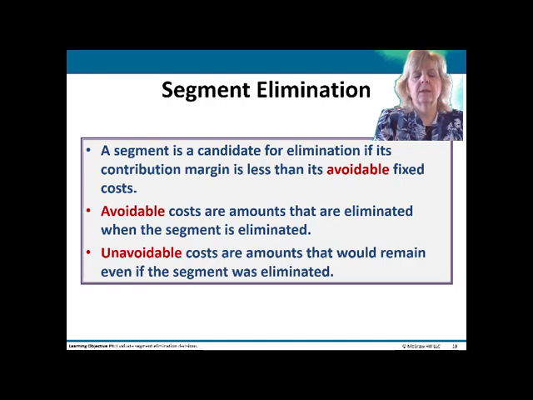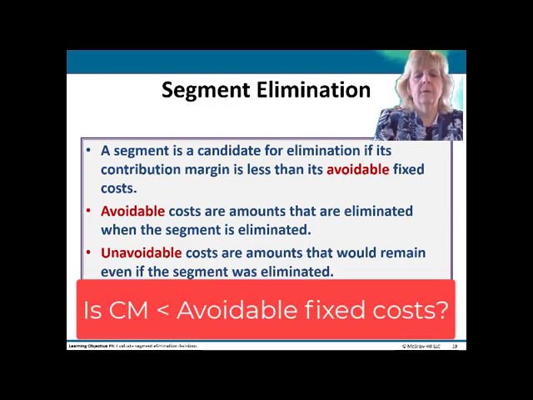So we need to consider eliminating it if its contribution margin is less than its avoidable fixed costs. What we typically wind up doing is taking a look at the cost structure of the segment that's up for elimination and comparing the contribution margin to the avoidable cost, which will tell us whether a segment should be eliminated.